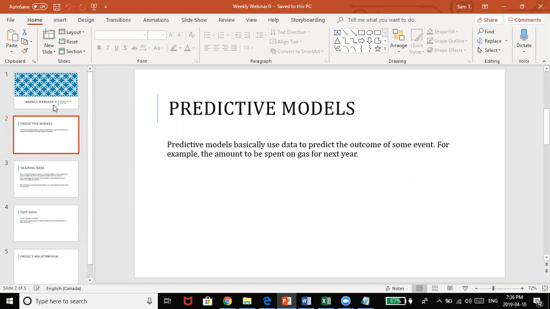In order for you to do this, you need to have a training data set which contains your predictor variable and your outcome. In this case, your predictor variable might be the number of goods that were demanded for a specific month, while your outcome would be the revenue that you generated for that month.